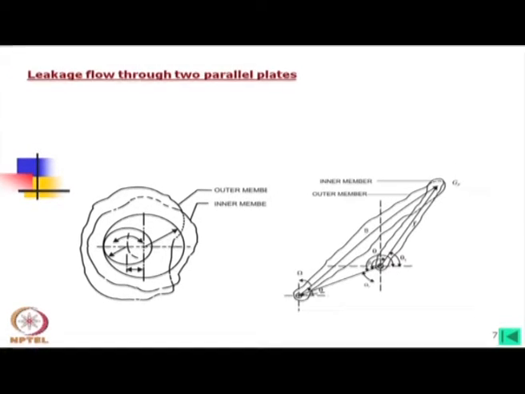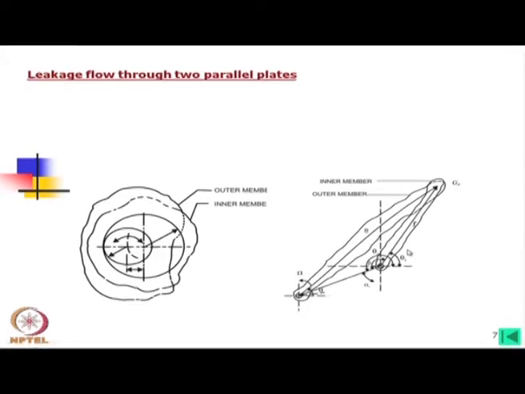The plate is having rotational motion as well as it is revolving on the other plate on a fixed center. Say this plate is moving with respect to this point. One is the rotation about its own axis, other is that it is revolving about this axis.